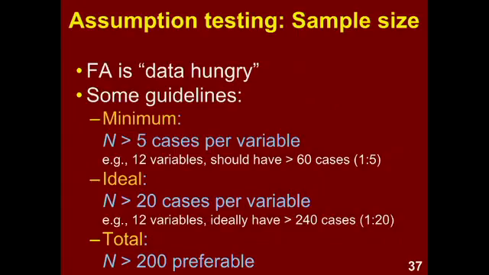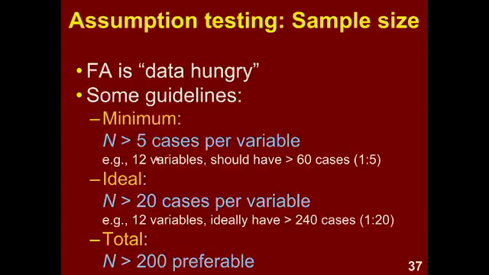Sample size. Factor analysis is data hungry. You need lots of data. You've got plenty of data for the factor analysis, so that won't be an issue. But the most commonly used rules of thumb are these minimum and ideal: you need at least the equivalent of 5 cases per variable.